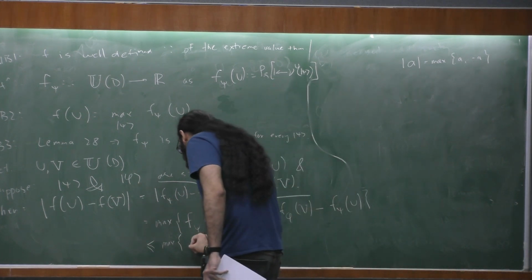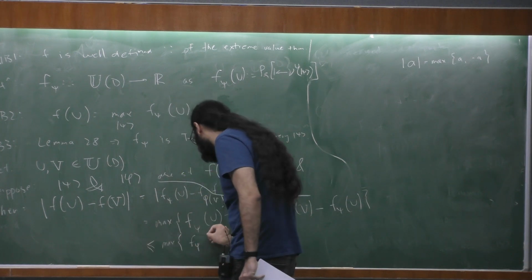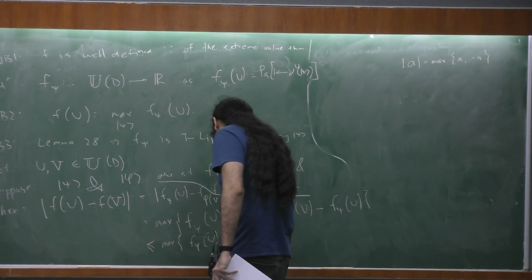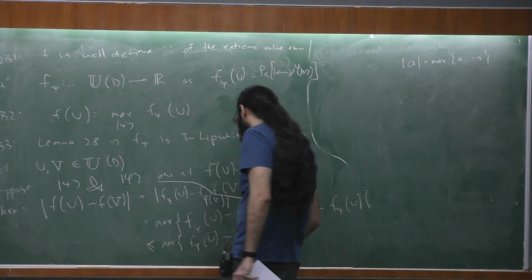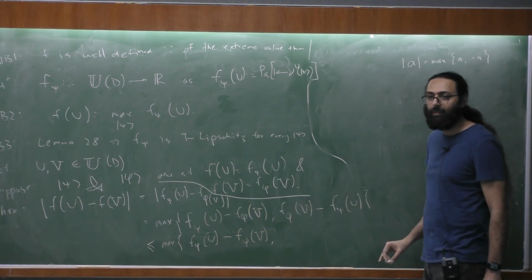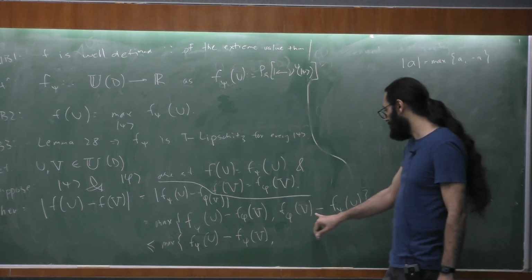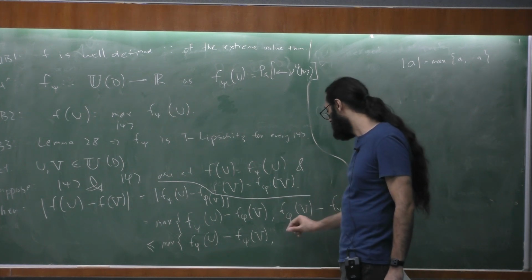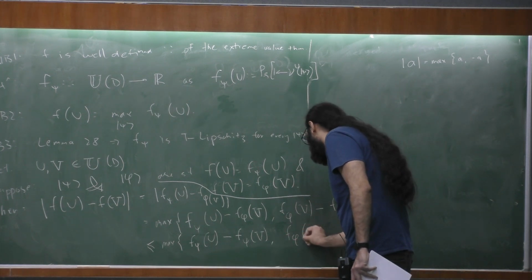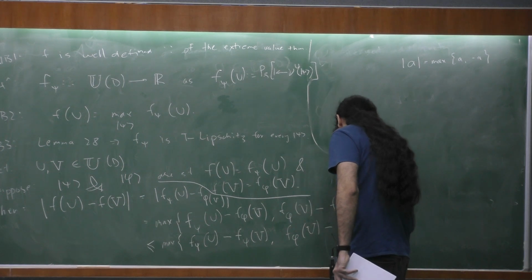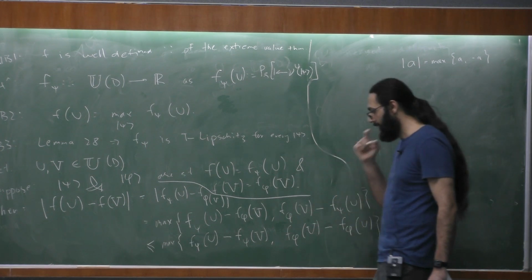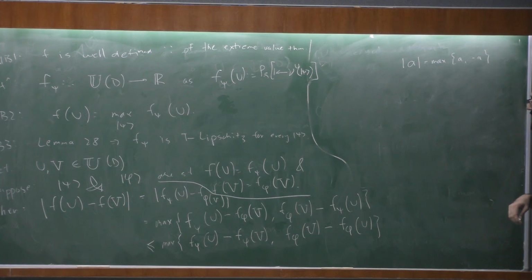So that means that I can put an inequality and write f_psi here, right? Is that okay? And then similarly I can write f_phi here. Okay.